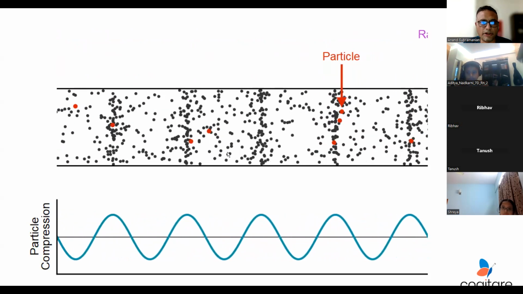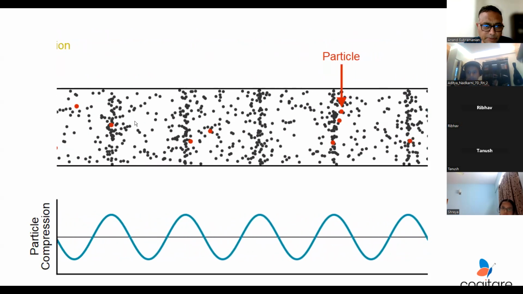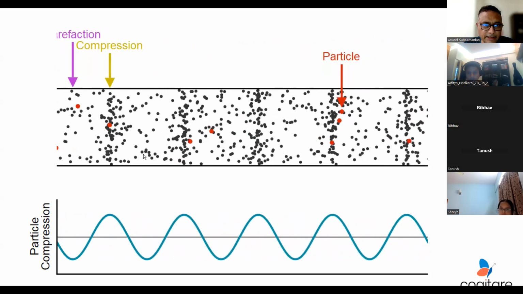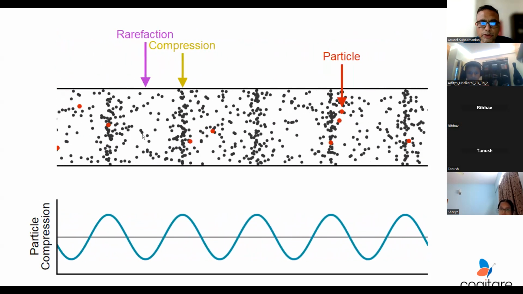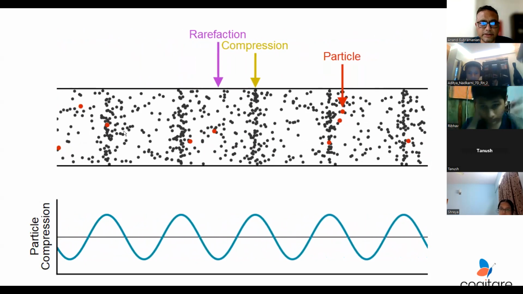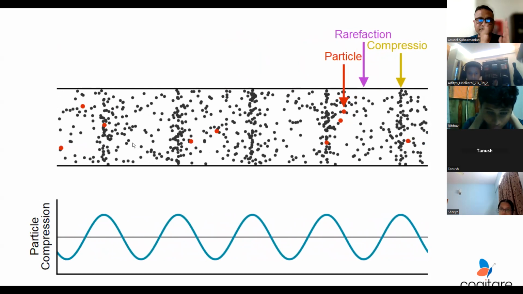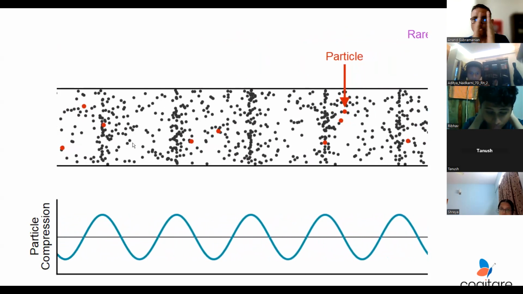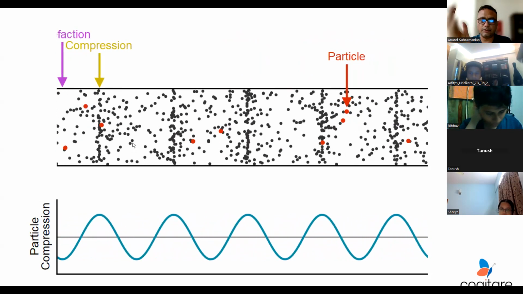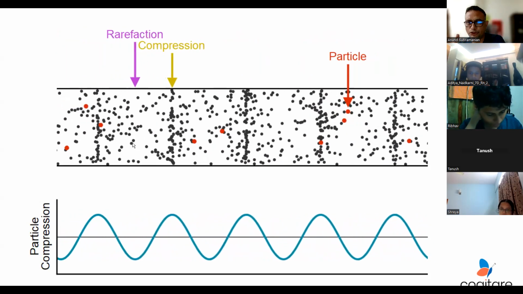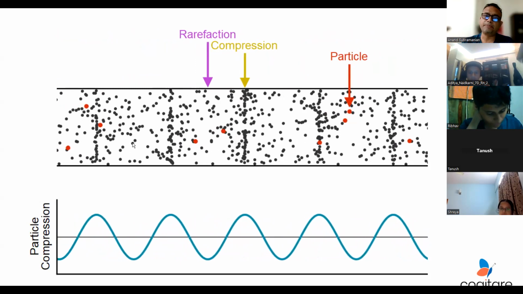Yes, sir. Okay, so even here, if you see this place, the black particles also are moving, oscillating to and fro only. But that oscillation over a period of time is transferred from one zone to another zone, second zone to third zone, and then you see that one black line going forward. That is the high pressure region.